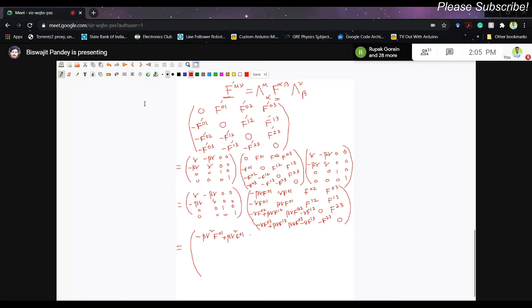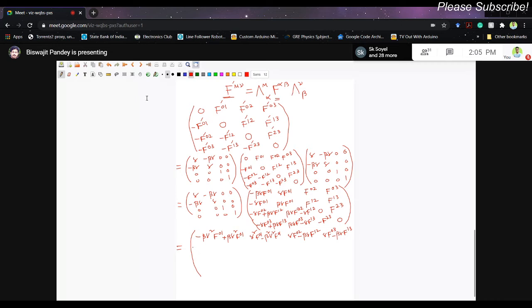Second term, gamma square f01 minus beta square gamma square f01. Third term, gamma f02 minus beta gamma f12. Fourth term, gamma f03 minus beta gamma f13.